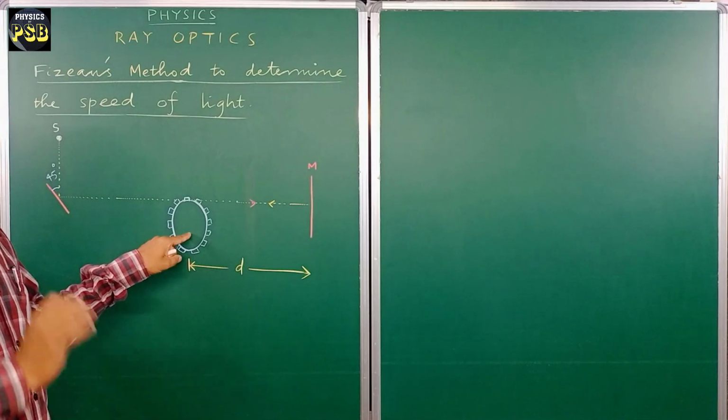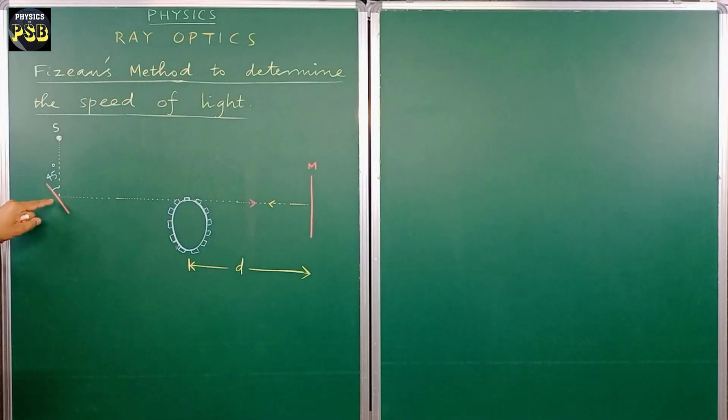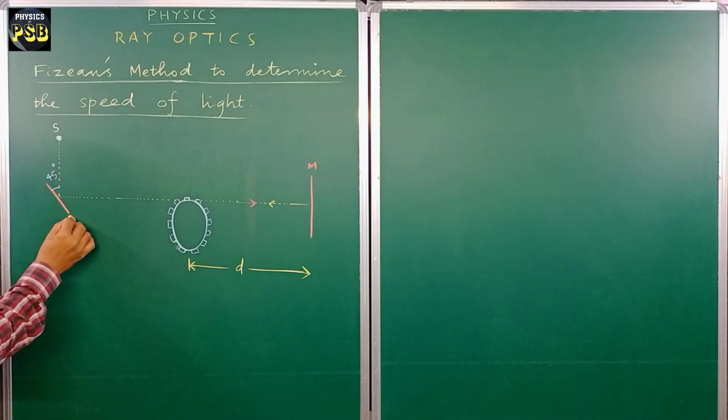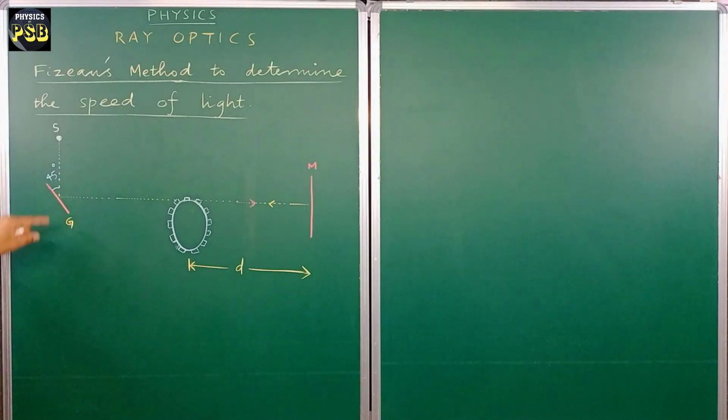If the wheel is not rotating, then it falls on the glass plate G, inclined at an angle of 45 degrees, and this time it passes through it and is viewed by an observer. Suppose this is the eye of the observer. Then in this case, it is viewed. This is the experimental setup.